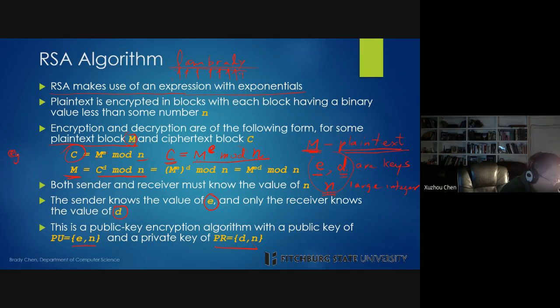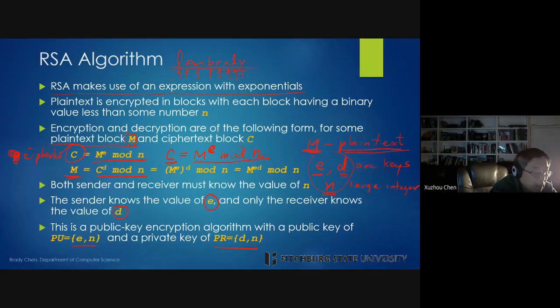So we can encrypt it. c is calculated this way. Now we can send out the c. And if one of the keys is a public key, the other one is a private key.